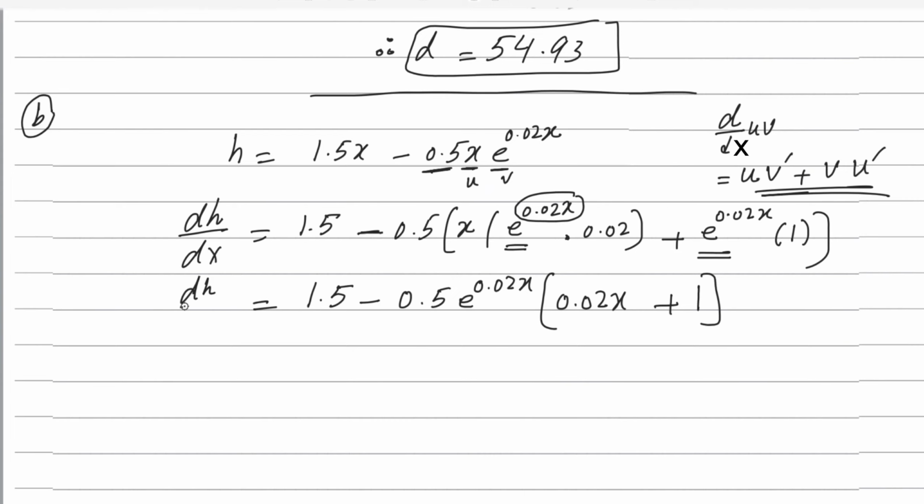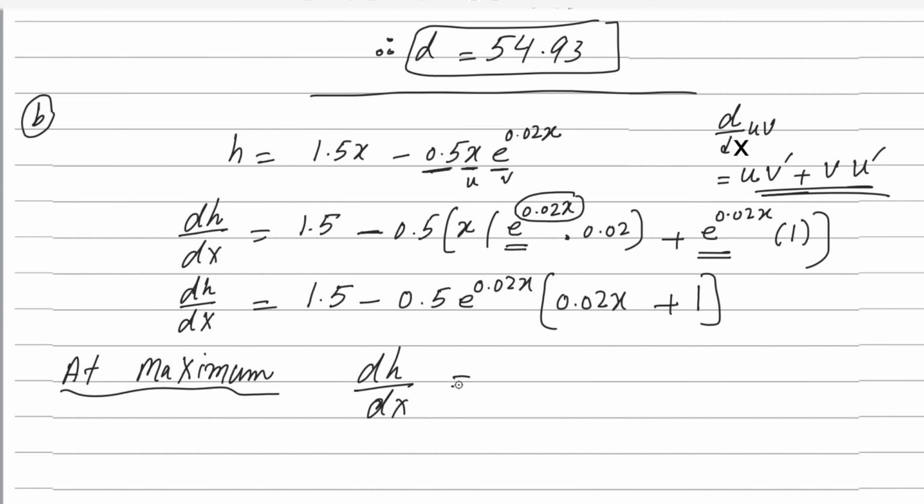dh/dx, and we know that at a maximum or minimum, the derivative is always equal to 0. Derivative means the gradient. At the maximum, we can write dh/dx = 0.